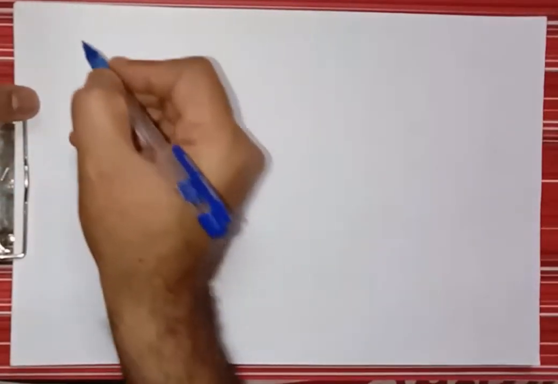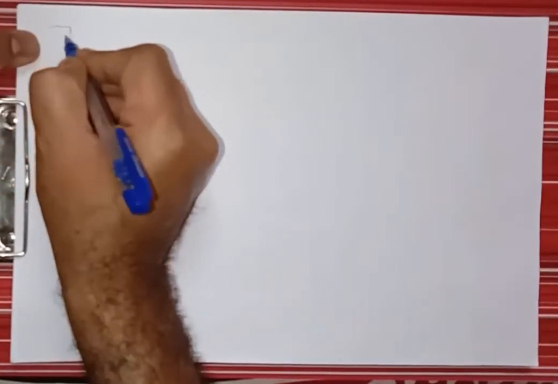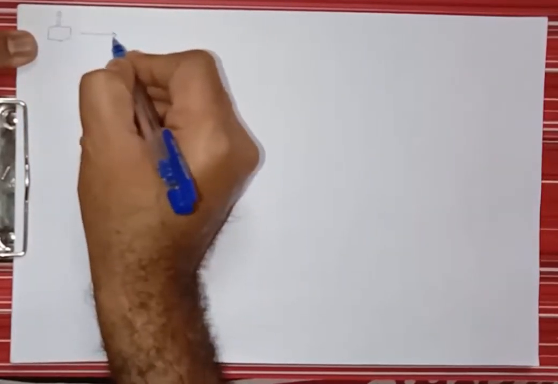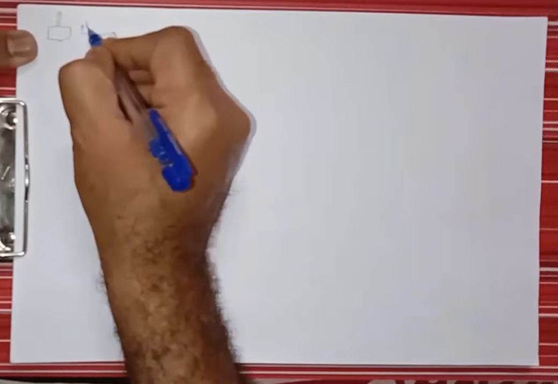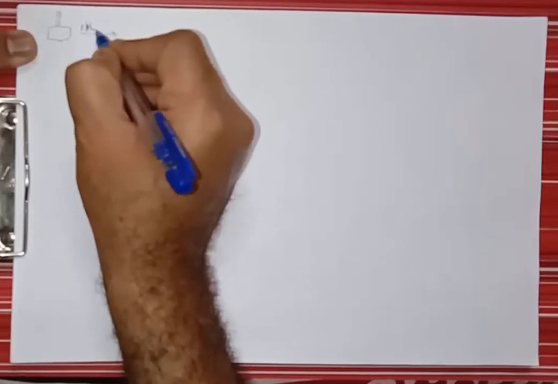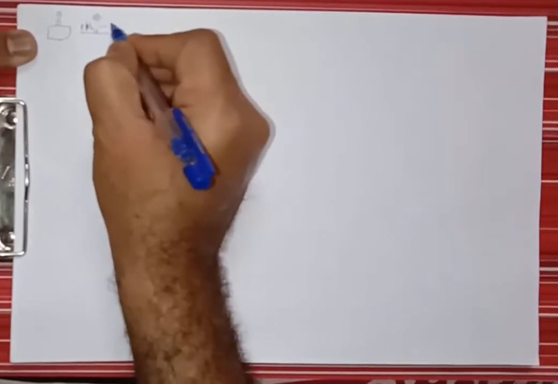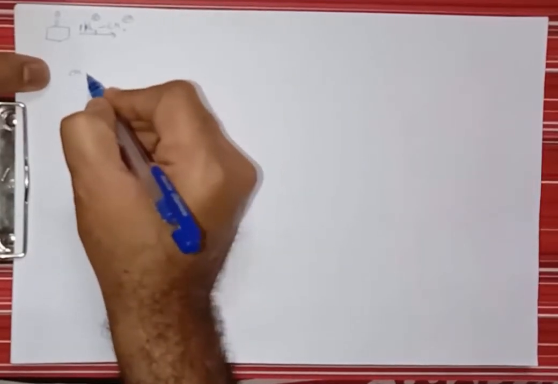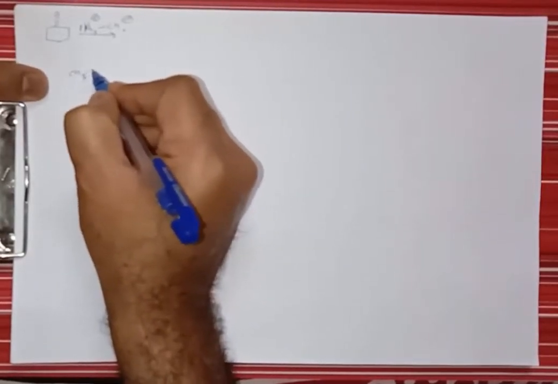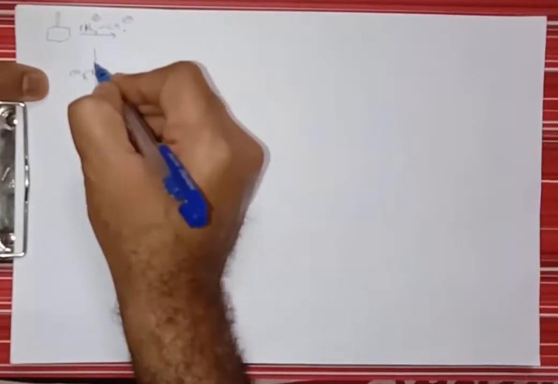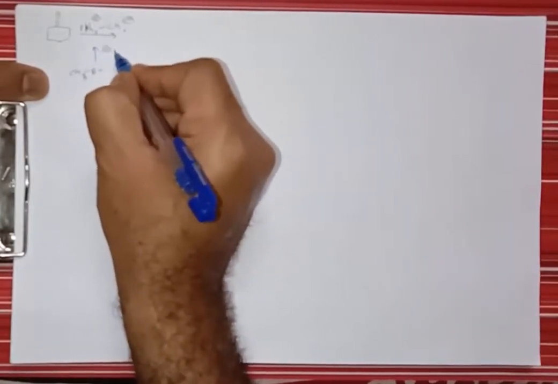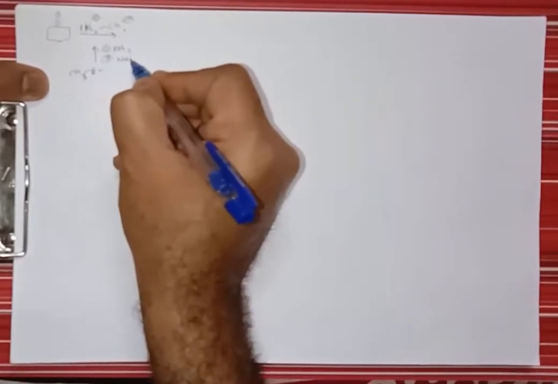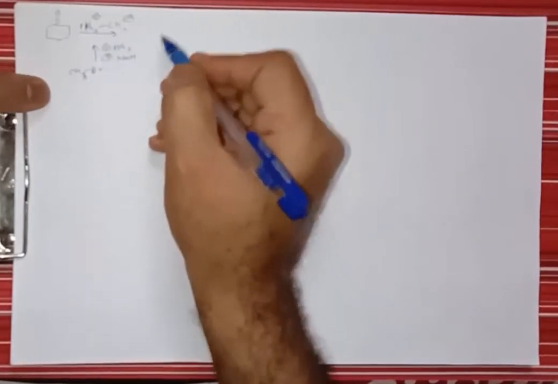So let us see the synthesis. We take this cyclohexanone and treat it with PPh3 plus CH2 minus. How can it be prepared? We take CH3Br, treat this molecule with triphenylphosphine, then a strong base, sodium hydride, and it will be converted into this molecule, right?